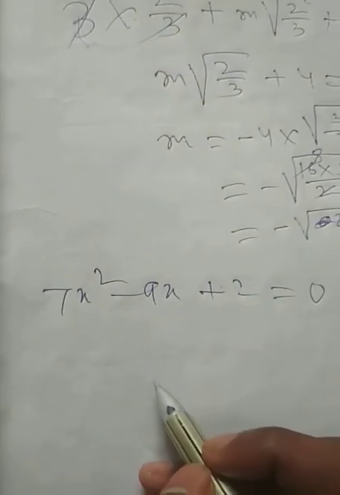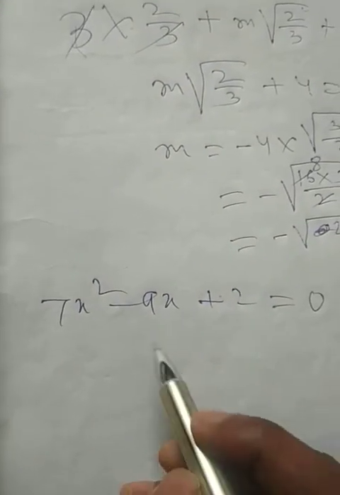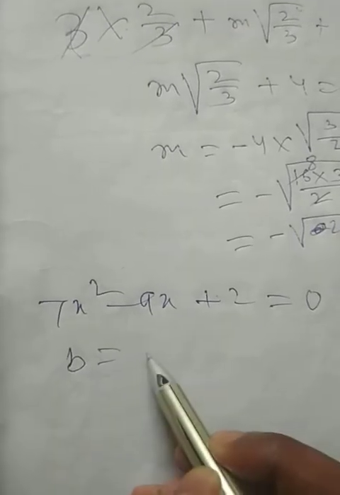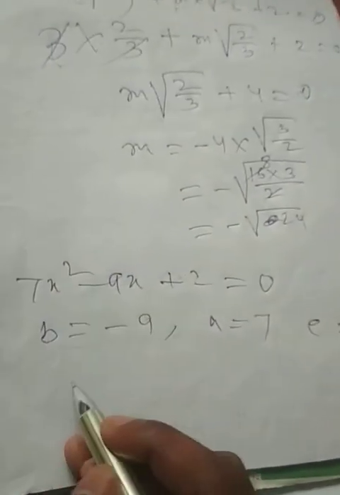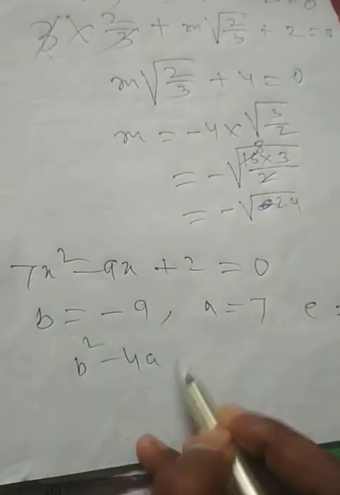For checking the root, you have to check b square minus 4ac. Here b means minus 9, a means 7, c means 2. So b square minus 4ac equal to what?